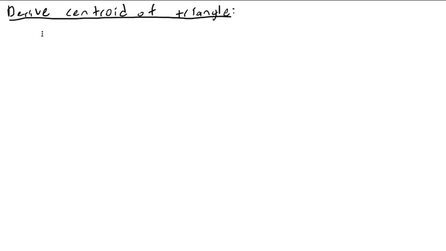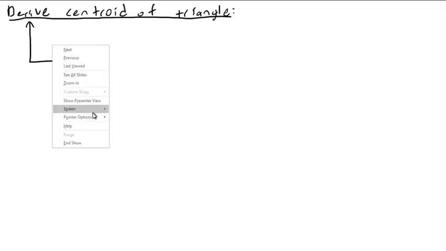Okay. So let us say I have a triangle with base A and height B. For simplicity, I'm going to position the triangle as a right triangle with its right angle at the origin, because that will make things a lot simpler.